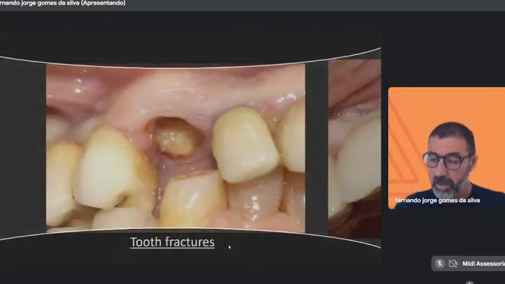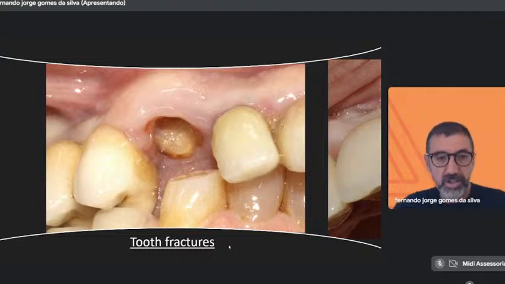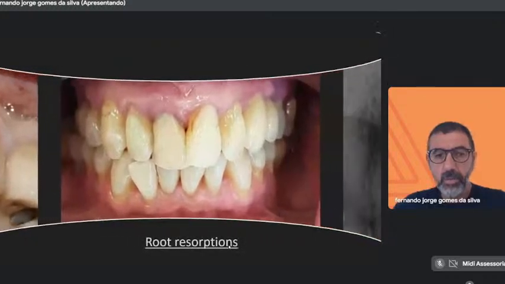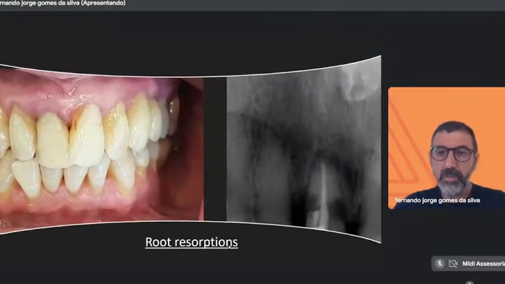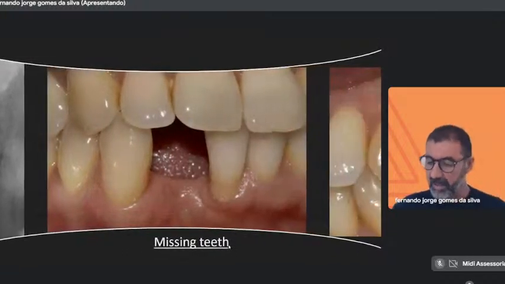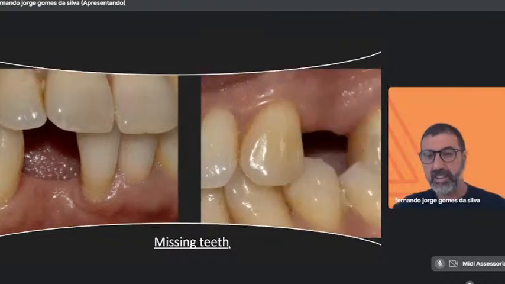And we all have situations like this in our daily lives to rehabilitate, such as root fractures, root resorptions, as we've seen, and caries also, as you've seen in this X-ray, and missing teeth. For me, the difficulty of the rehabilitation is greater in that situation.